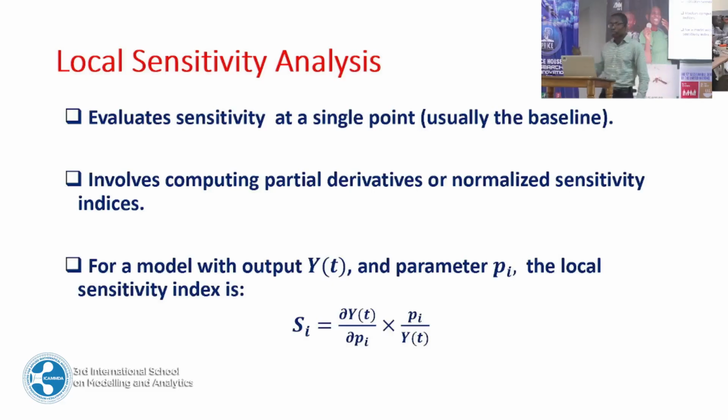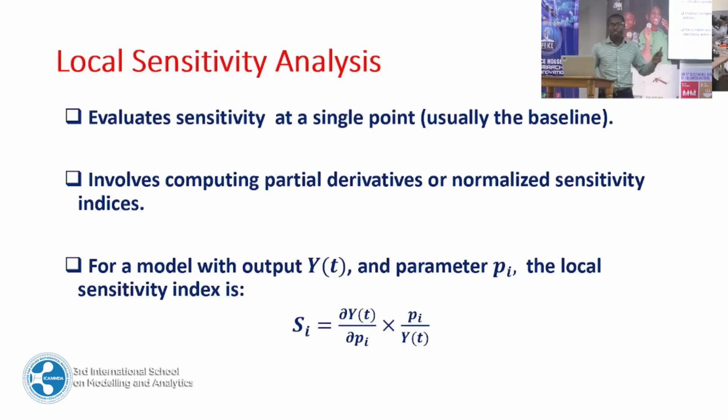In fact, even in this school, we've been talking about derivatives, how quantities change with respect to time. For a model with output y(t) and parameter p_i, the local sensitivity index is given by this formula: the partial derivative of y(t) with respect to the parameter p_i, times p_i over y(t).